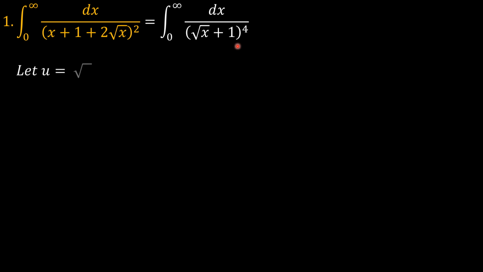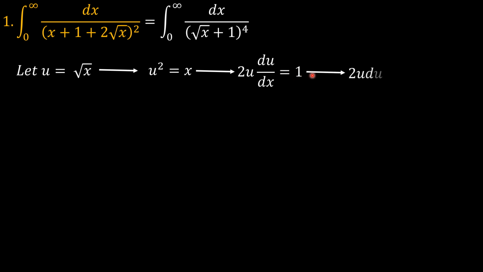And so we can say let u be equal to square root of x, as is the norm for me. I try to substitute off the complicated variable or function, and so what that means is that u squared is equal to x, and then when I differentiate both the left and right hand side, on the left hand side we have 2u du dx, on the right hand side we have 1, and so we can substitute for dx with 2u du.